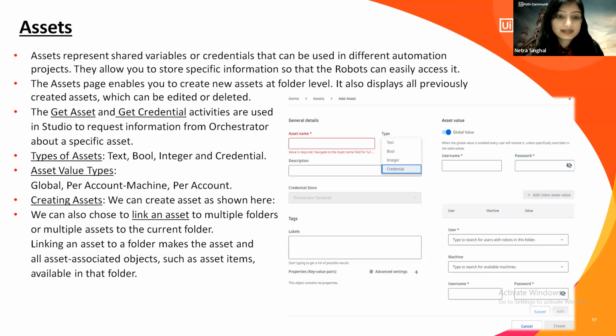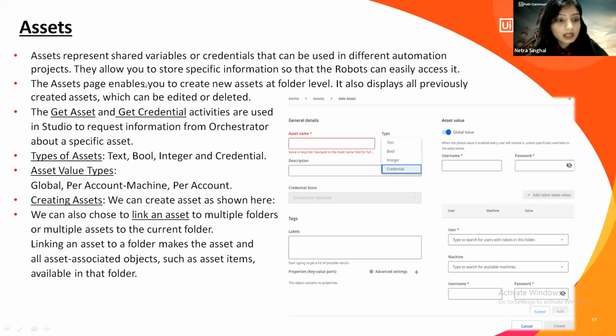It will store them safely inside the orchestrator so that you can use them in your automations. You can create assets in your folder and pass them across your automations. So that is the work of an asset. And it's a folder level entity.